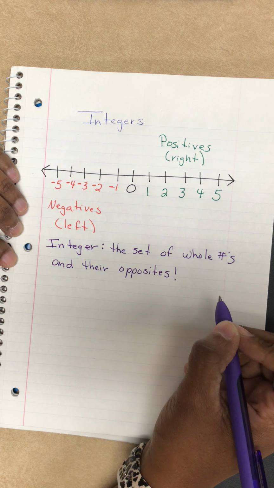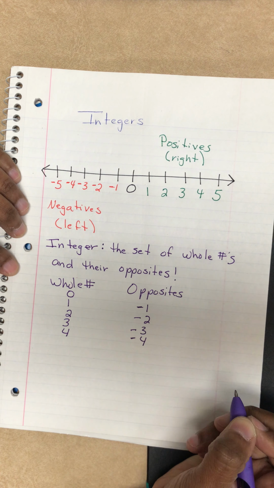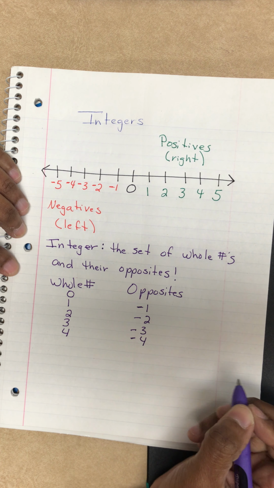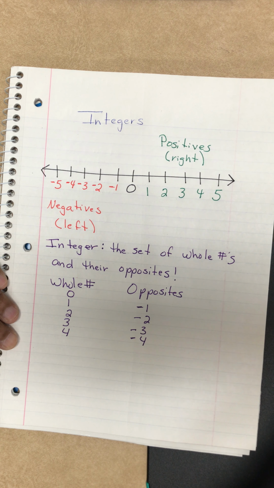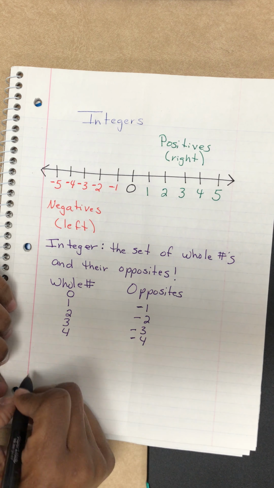There's no opposite for 0. -1, -2, -3, -4. Another thing we want to keep in mind, kind of said this before, but we're going to say it again. Remember, 0 is in the middle.